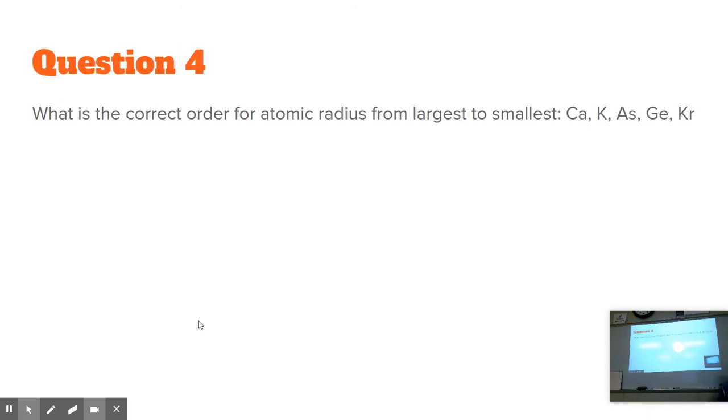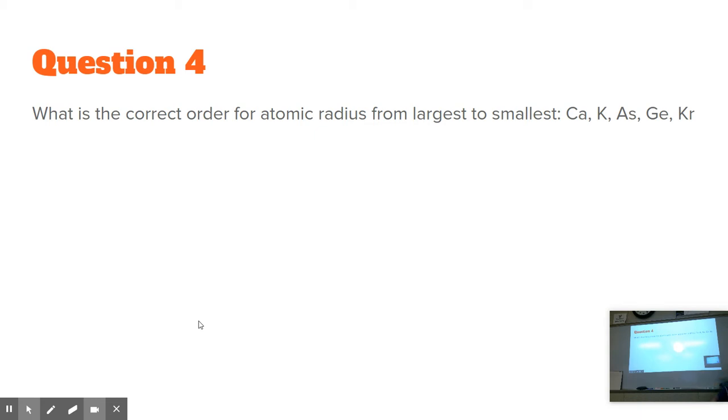Question 4. What is the correct order for atomic radius from largest to smallest? So this question is having you put it in a different order. You're starting with largest, then going to smallest. I can't stress enough how you need to read the questions carefully.